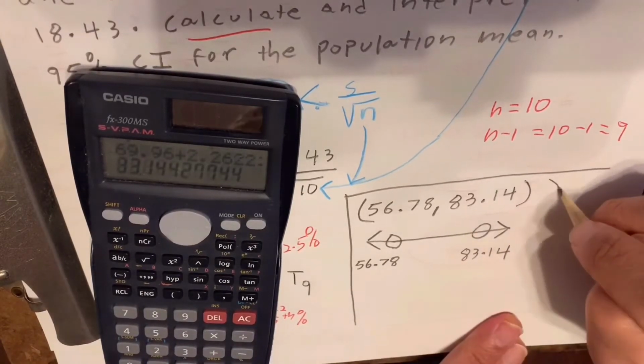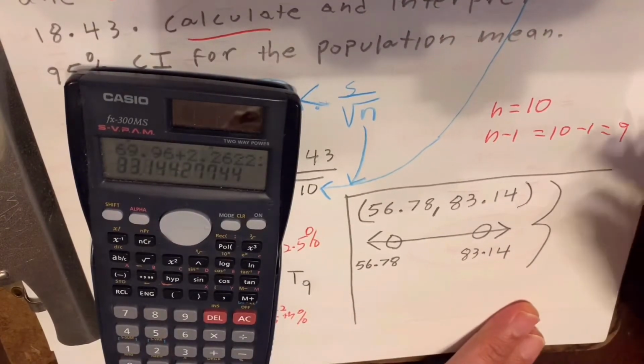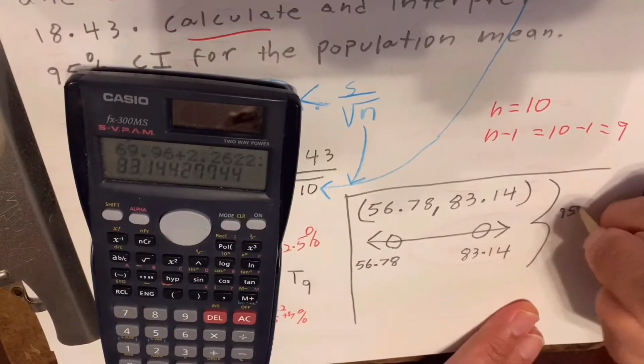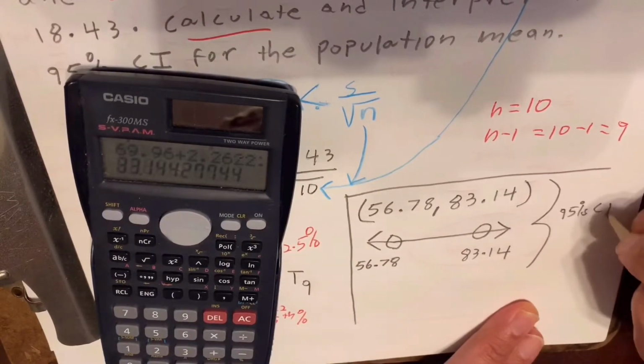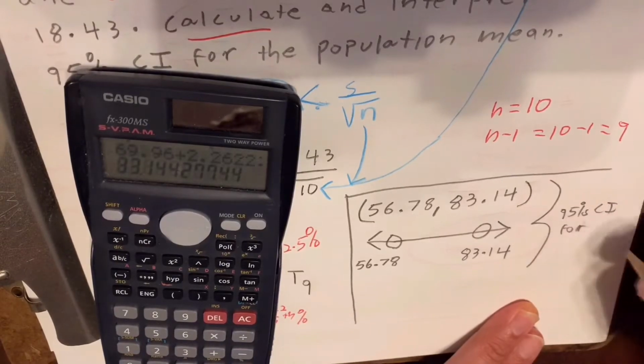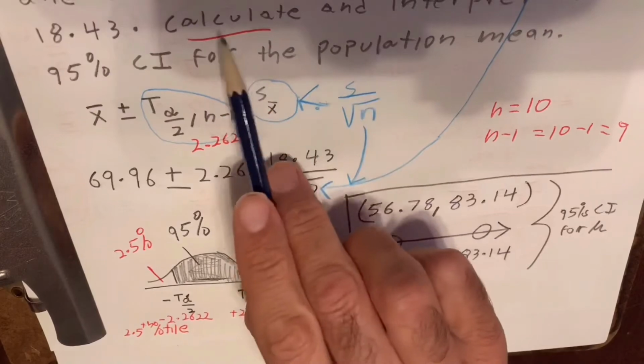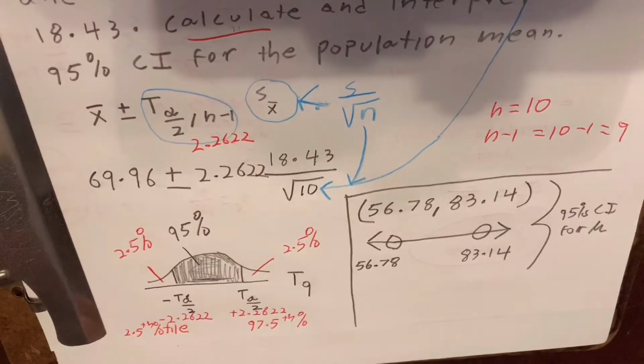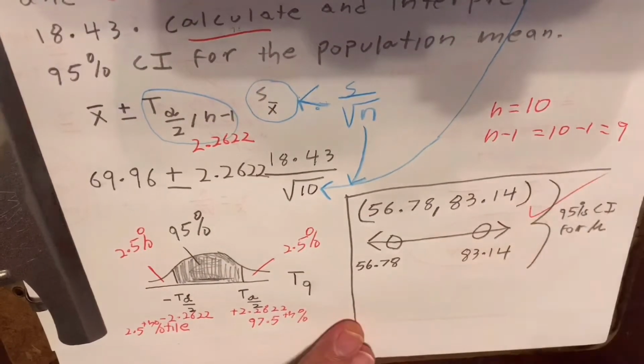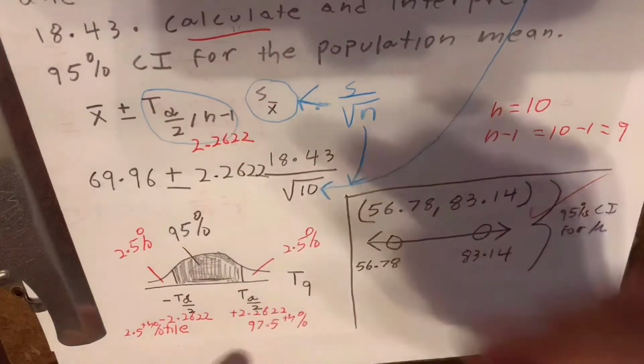And that's the first part of your answer. This is the confidence interval. This is the 95% confidence interval for mu. So when it says calculate, we've done half of the question. Right, so I'm going to put a little check here. This is the answer for the calculation part.